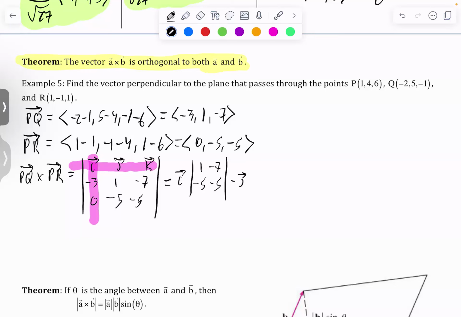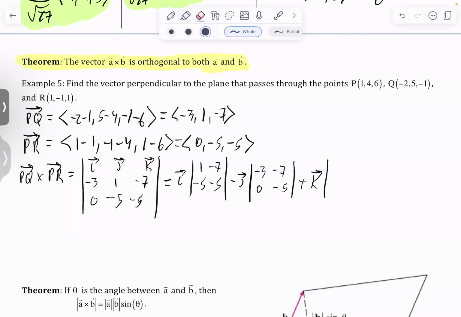Minus, again, it's minus, don't forget, J, which is here and here. So I am left with -3, -7, 0, -5, vector K. And I am left with -3, 1, 0, -5. So that gives me vector I.